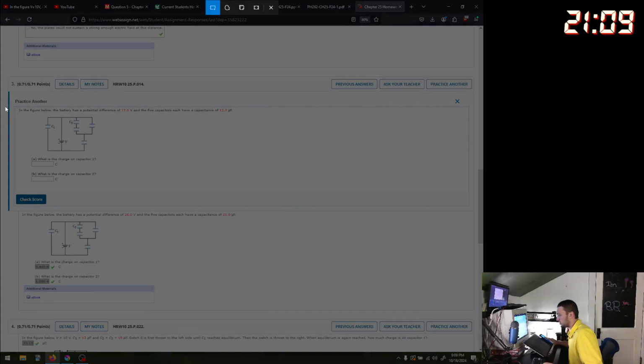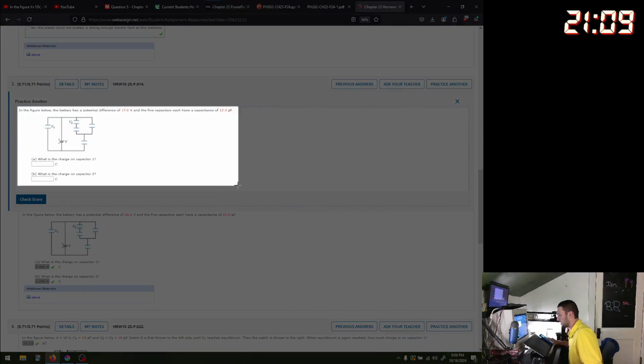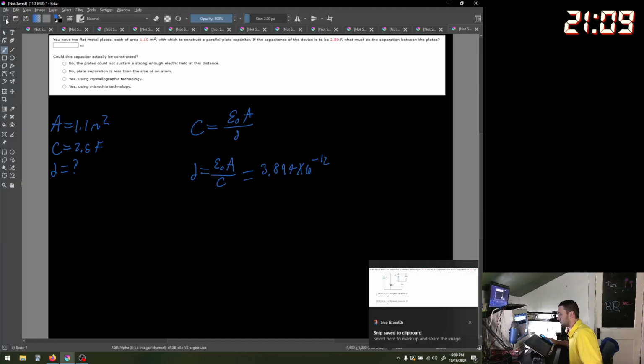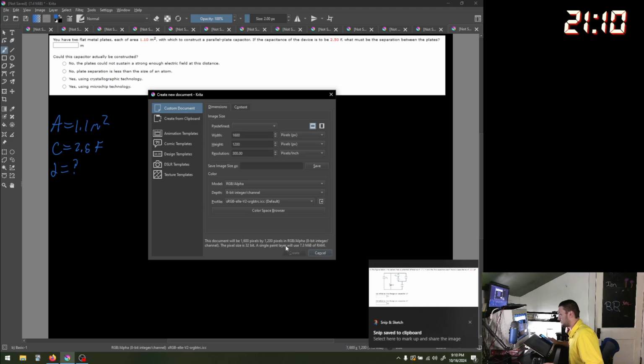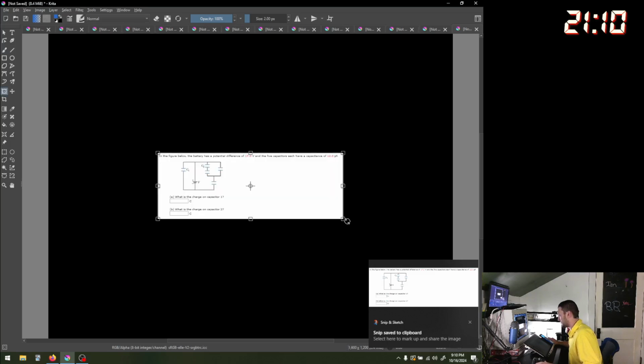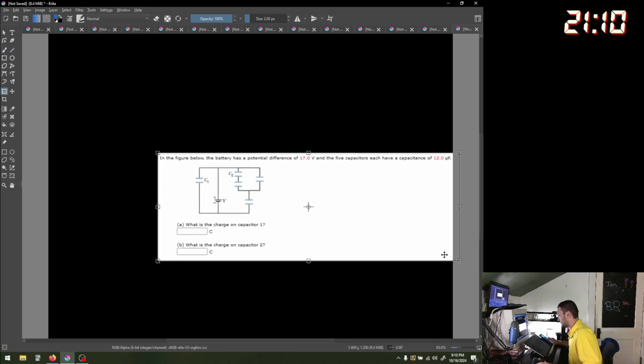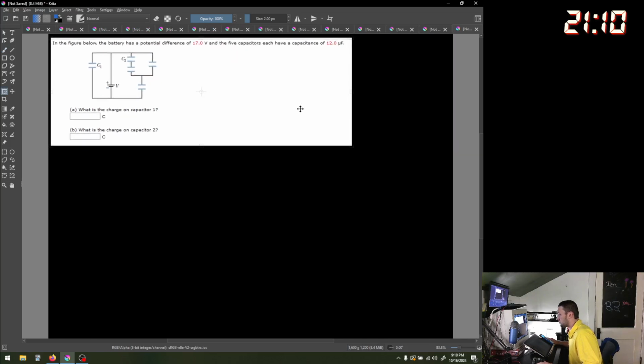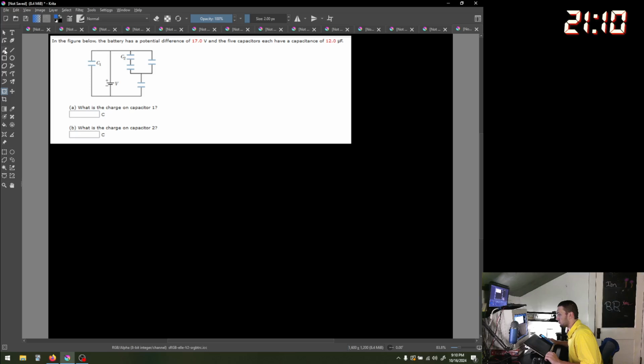This one's always very fun. Okay. Now, what we can do is think of this side as one whole capacitor and this side as another, and we're going to want to label this as C3, C4, and then C5.